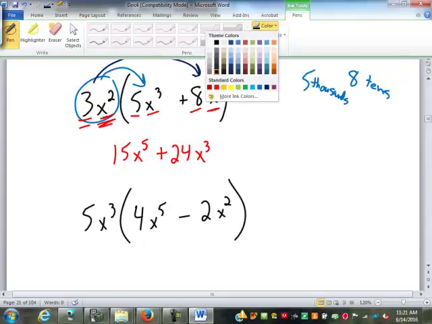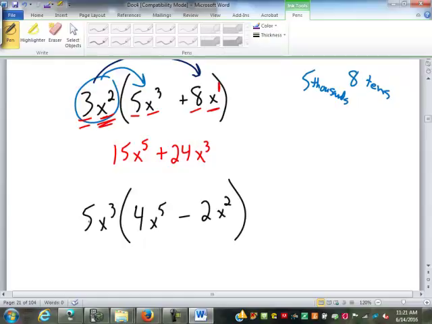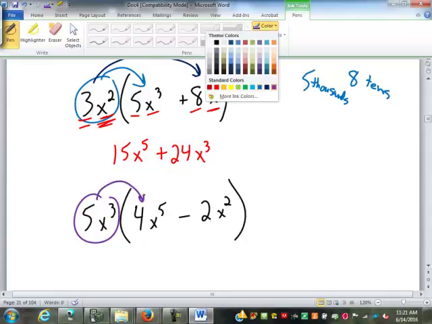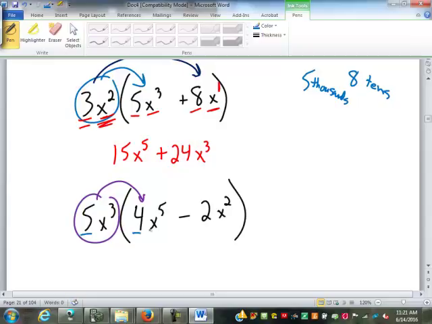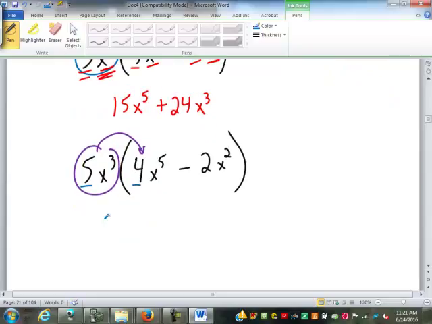So again, I'm going to distribute to save some space. I can't combine anything in here because it's x to the fifth and x squared. So those are different names. So 5x to the third times 4x to the fifth. 5 times 4 is 20.